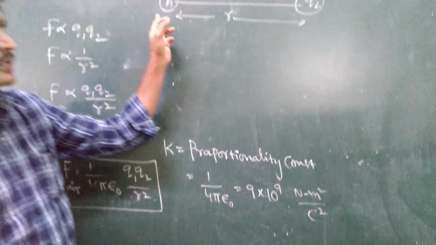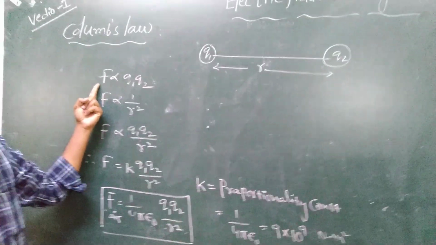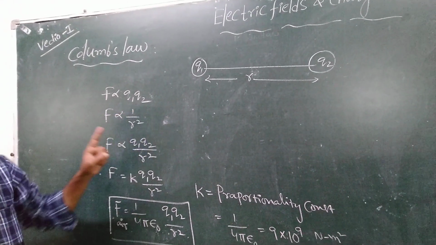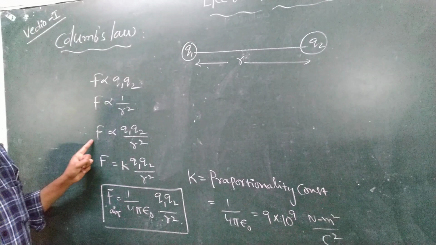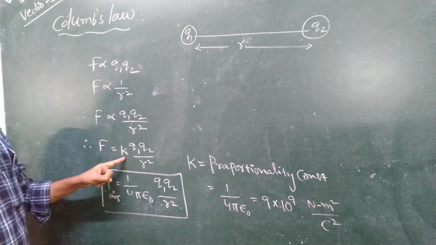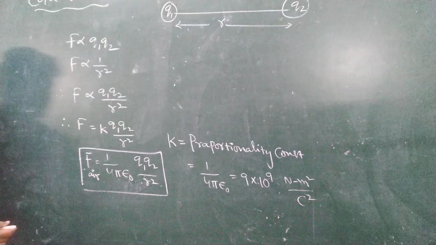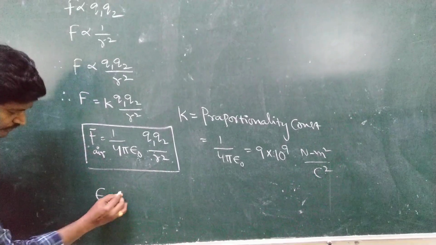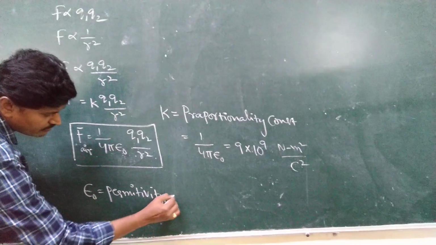Whenever two charges are separated by a certain distance in space, the electrostatic attraction or repulsion between them is directly proportional to the product of the magnitudes of the charges and inversely proportional to the square of the distance between them. So from these two relations, Q1 Q2 by R square, when we remove the proportionality and get a constant, the K value will be equal to 9 into 10 to the power of 9, where epsilon naught is called the permittivity of free space.